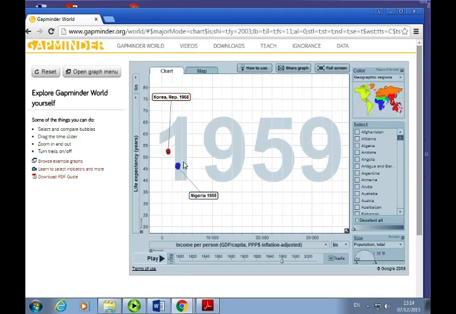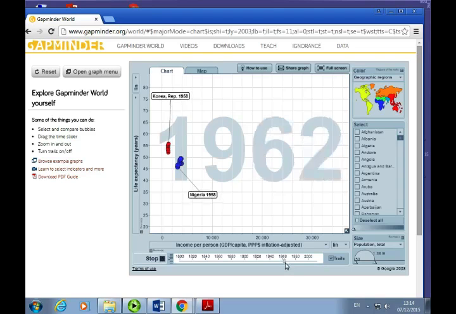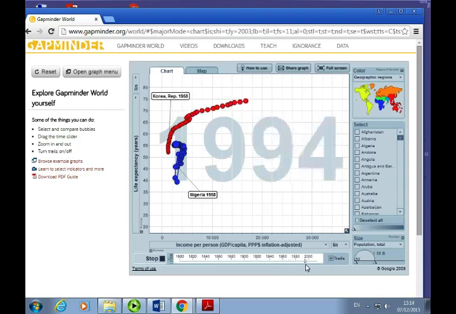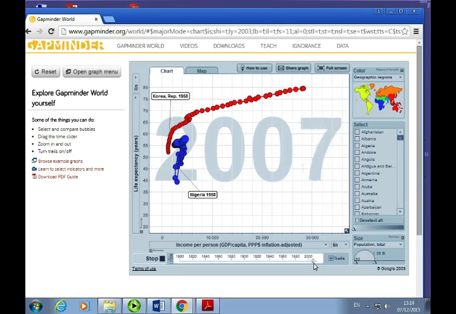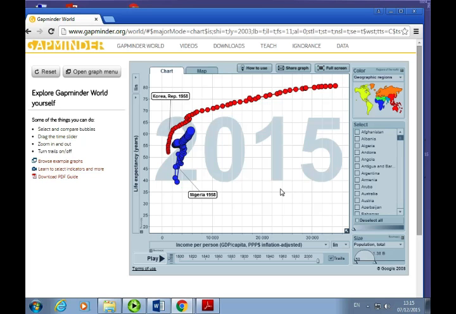Now, let's see what happens to the income per capita of the two countries. Ready? Okay. An amazing divergence.